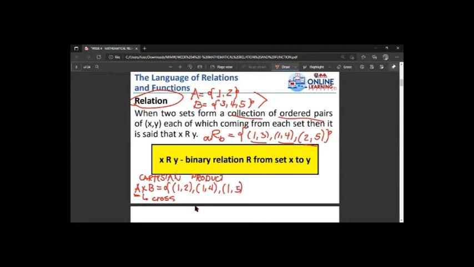So after 1, you have to pair up 2 each of the elements in B. So that is 2, 3, 2, 4, and 2, 5.